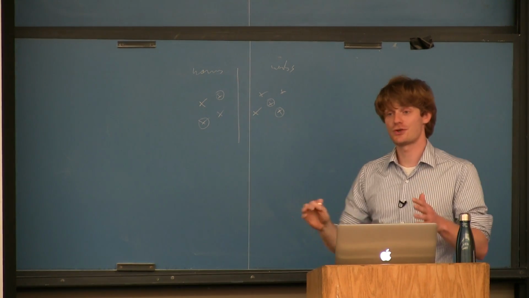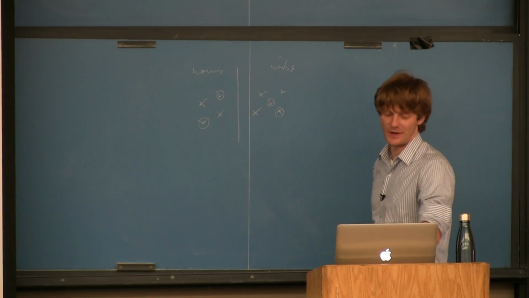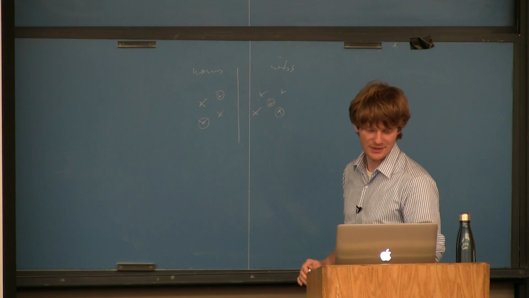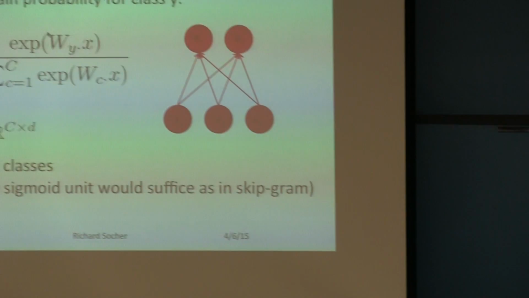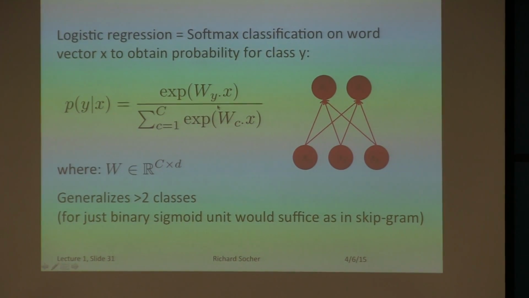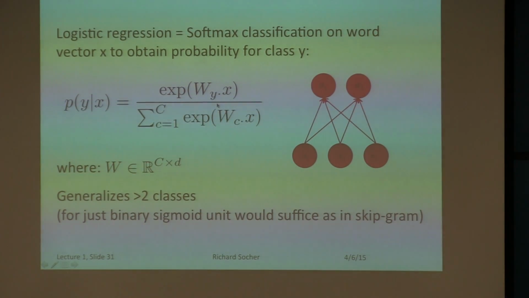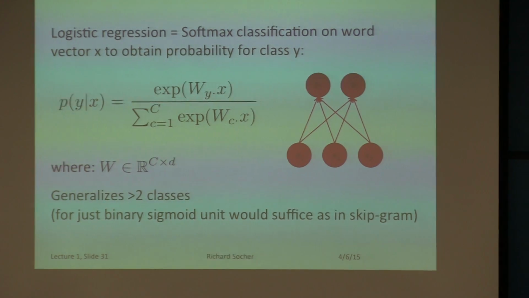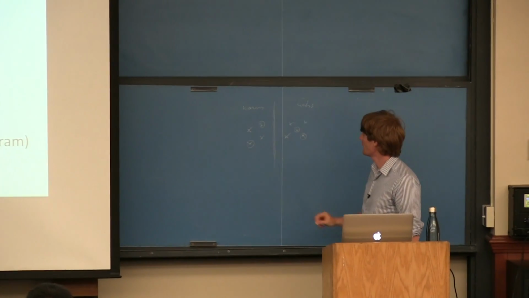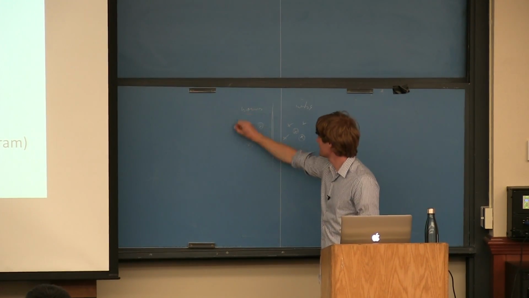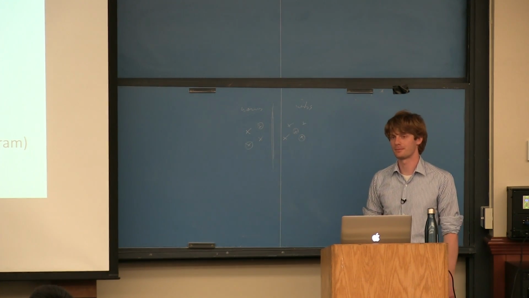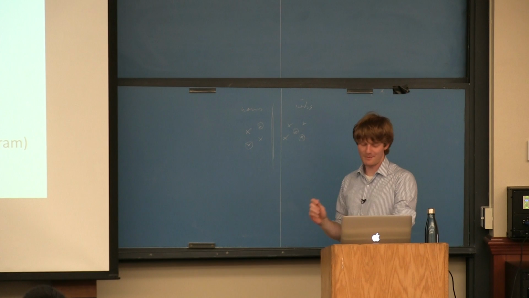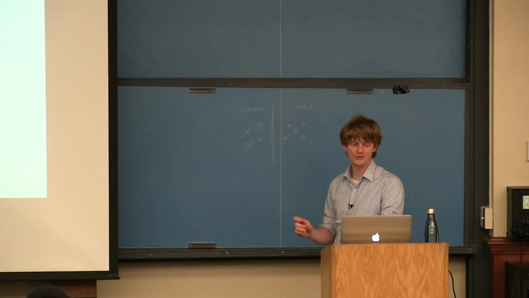Now, if I only trained the classifier weights, these are just our W here, if I trained only the W, it will just make this classification problem very easy. It basically just trains a linear decision boundary, and then it will say all the things on this side are nouns, all the things here are verbs. Now, what I'm asking you, what happens if I also train in my overall objective function?